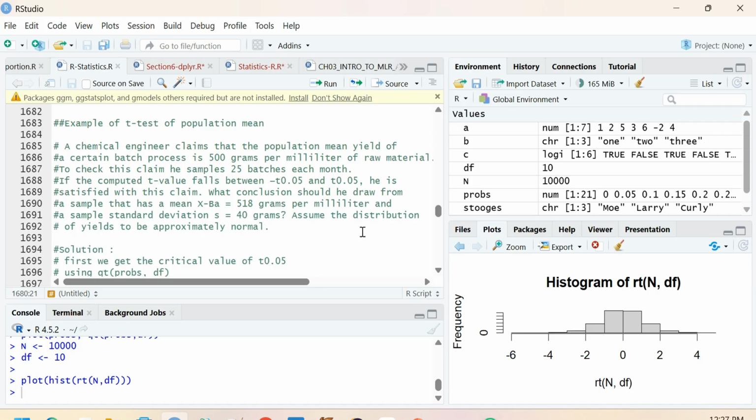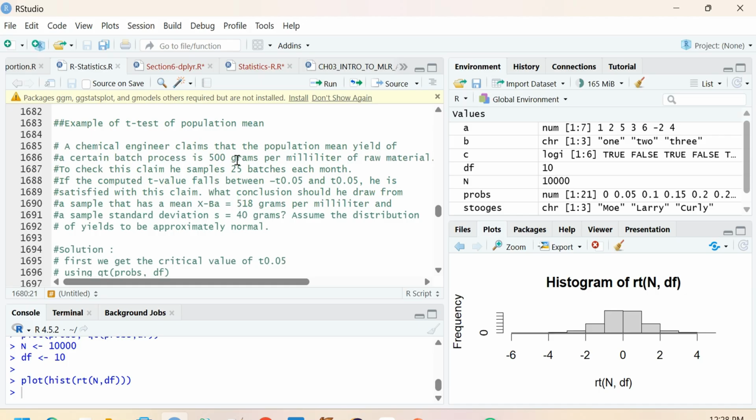So assume the distribution of yields to be approximately normal. So here we can see that 25 is relatively smaller than 30, so we cannot use normal tests. So we have to use t-tests because we assume that samples come from a population which is approximately normal.